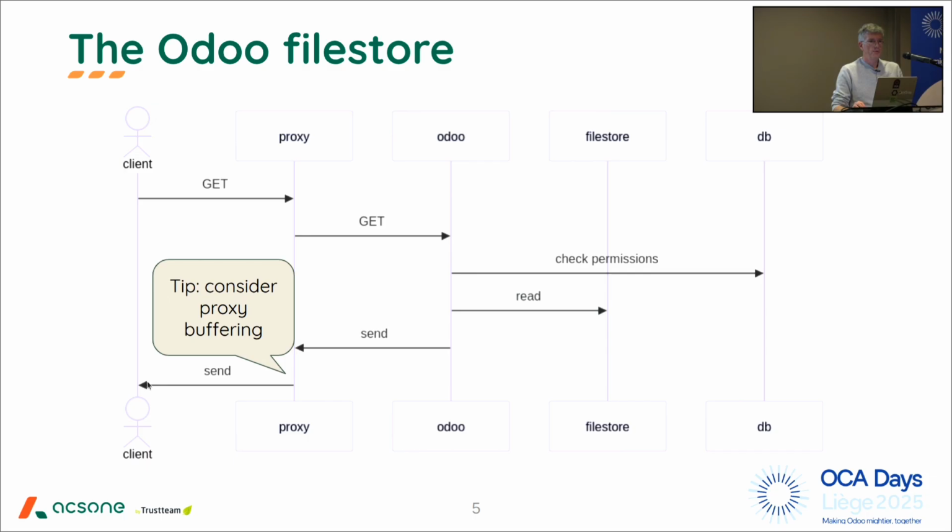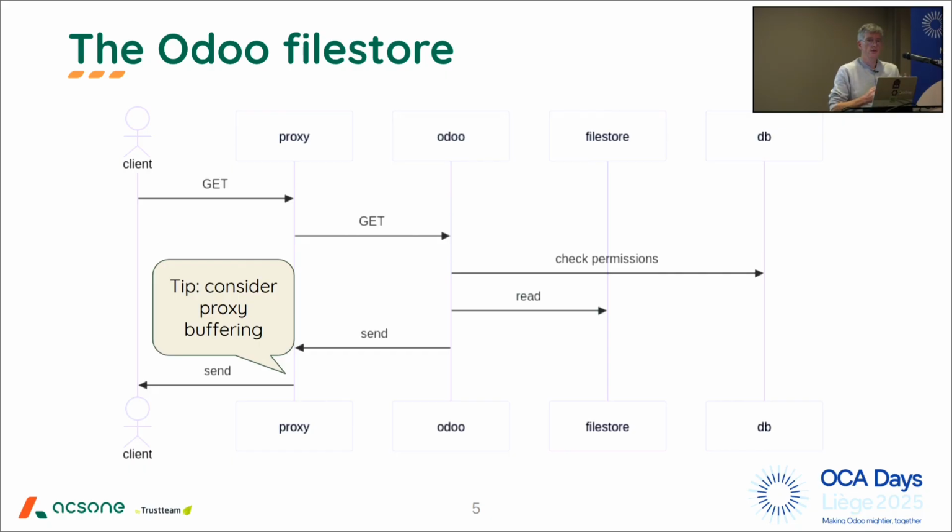Just a quick tip, there is an option in the proxy to do buffering of the replies. If it's not enabled by default in your proxy, and for instance in Kubernetes the nginx ingress does not activate it by default, I recommend to activate it, because the proxy will consume the result as quickly as possible and then free the Odoo worker to serve other requests.